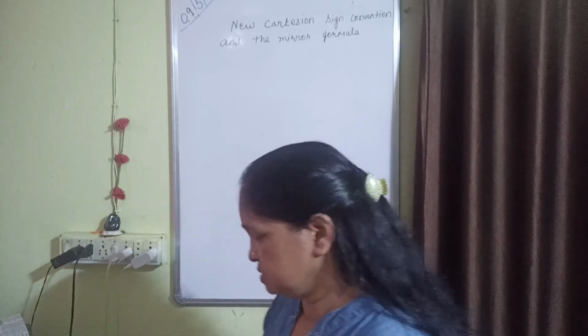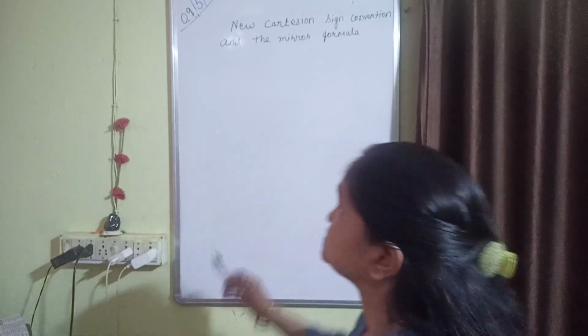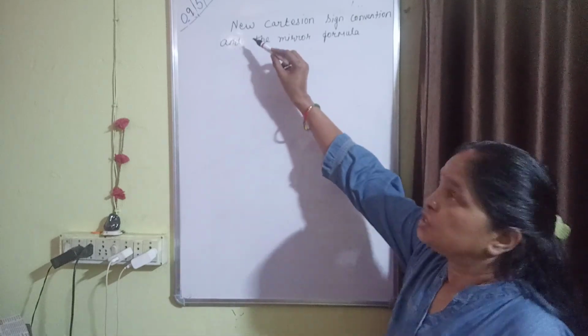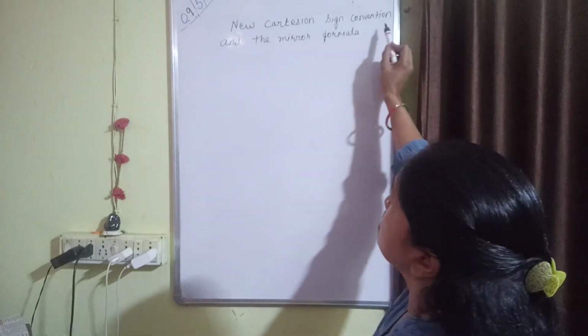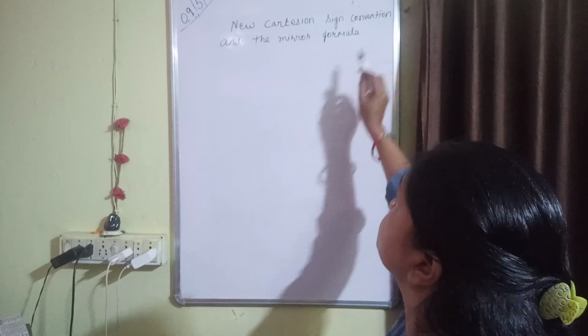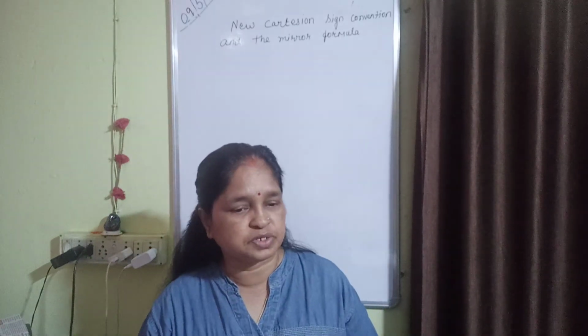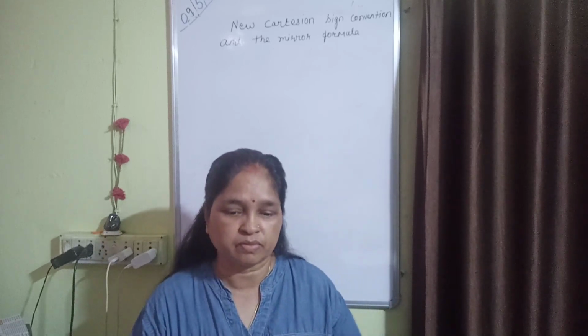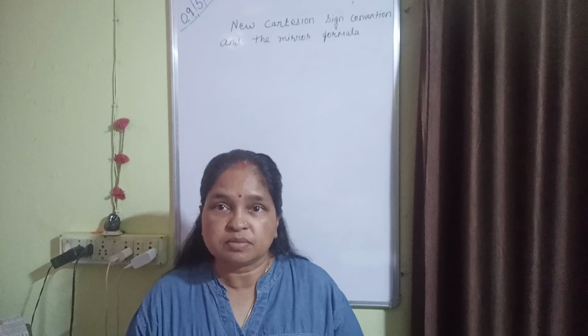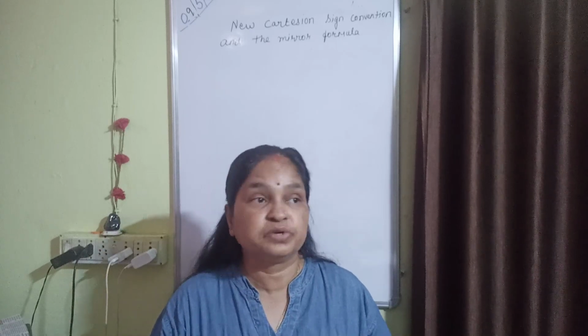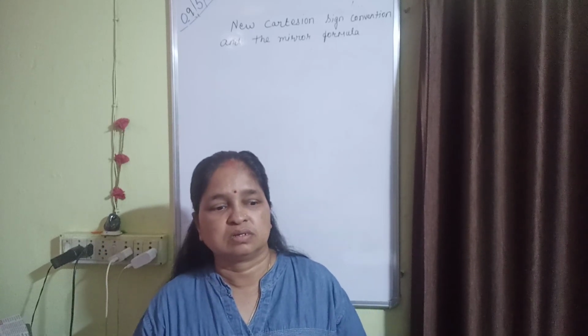So students, let's begin. Today we will study new Cartesian sign convention and the mirror formula. New Cartesian sign convention. Again there are some rules. That means which type of rules?